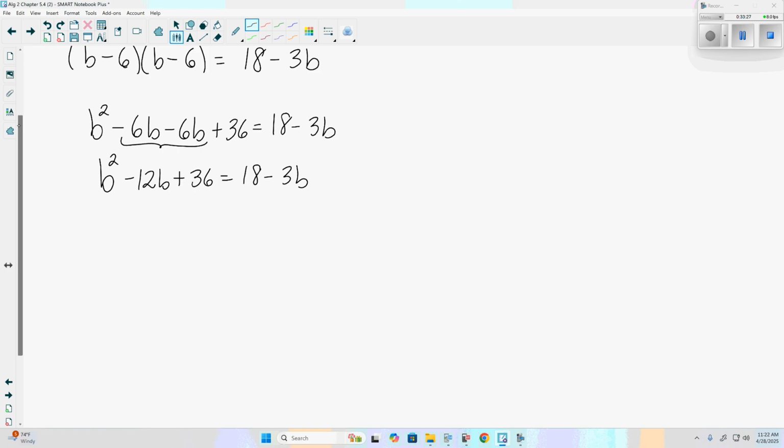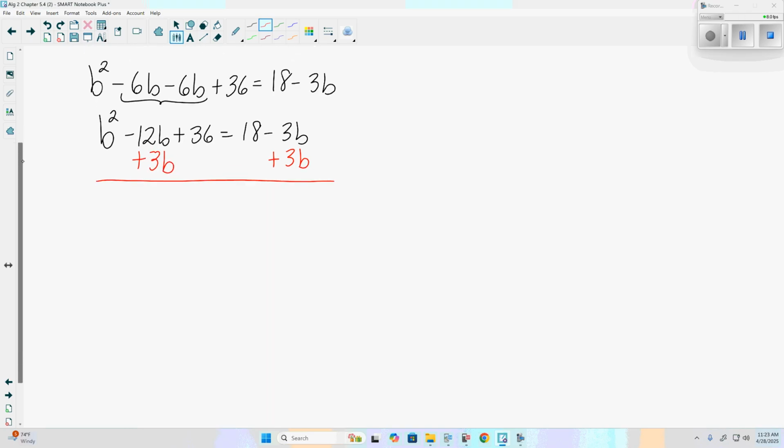Now again, we do have a b squared and we do have a b term to the first power. We will definitely need to get this equation equal to 0. So the first thing we can do is add 3b, telling us b squared minus 9b plus 36 is equal to 18.